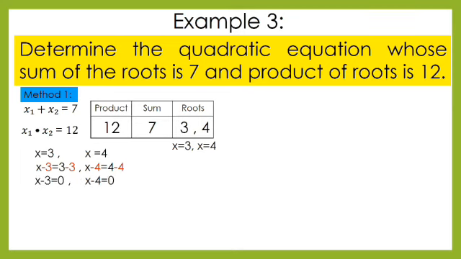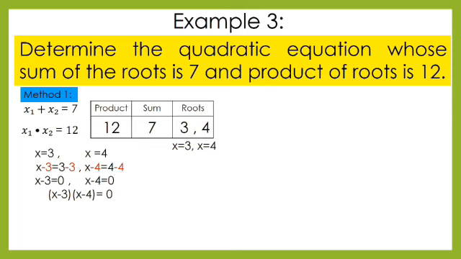Simplify, we now have x minus 3 equals 0 and x minus 4 equals 0. After that, we use the principle of zero product. We multiply x minus 3 and x minus 4 equals 0.